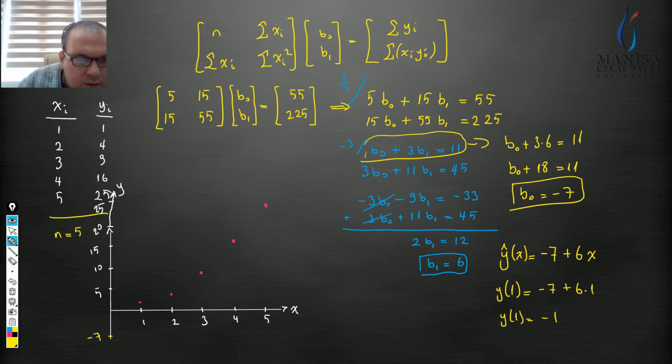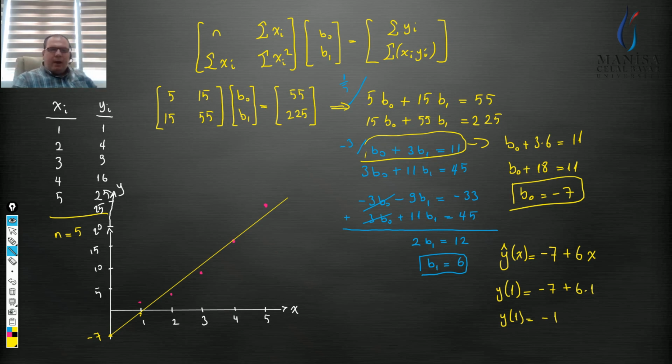Okay, so it's somewhere like this, right? We have these 2 points on our line, so we can use them to draw our regression line, and we will have something like this, I think.